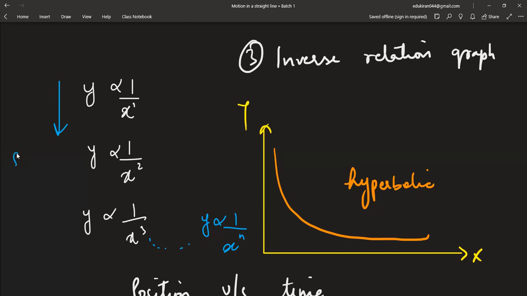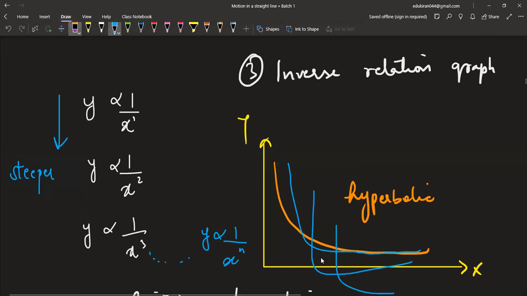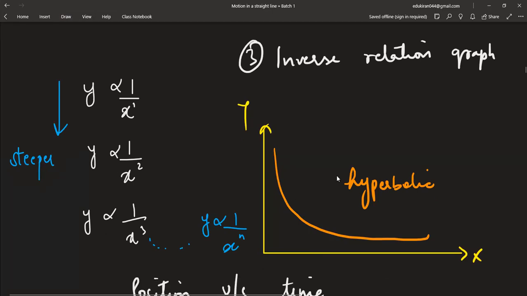It's just that the graph would become steeper as we go down. For the next one, it would go like this, so steeper it would become. That is the meaning of it. Not in this one, here the limitations are till here only. But when we talk about the steeper graph, this is how it becomes.